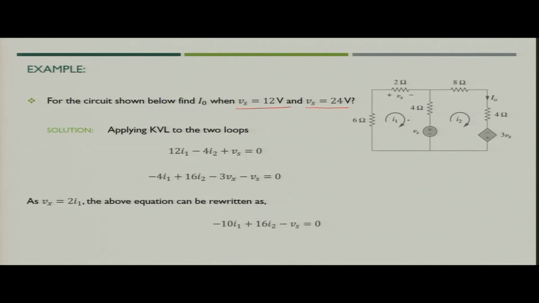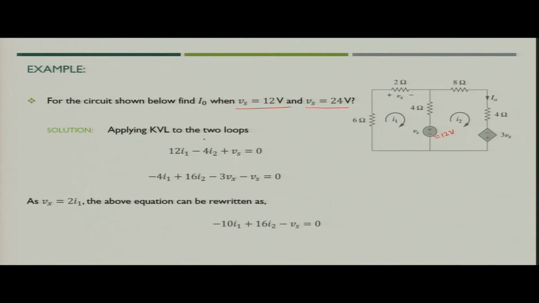as we discussed last week, we did mesh analysis to solve these kinds of circuits. So here we will apply mesh analysis again and try to find the current value I naught in the first case, that is when Vs is equal to 12 volt.